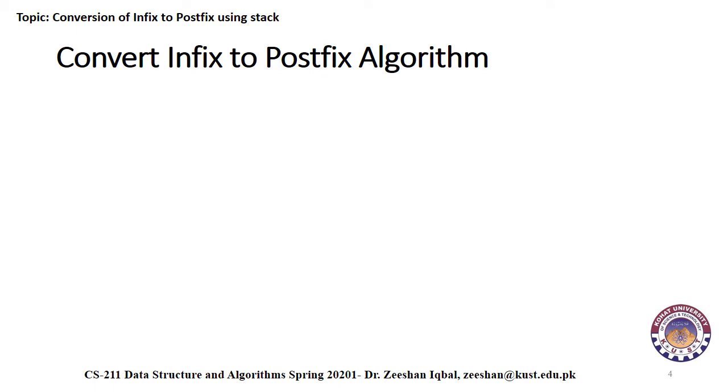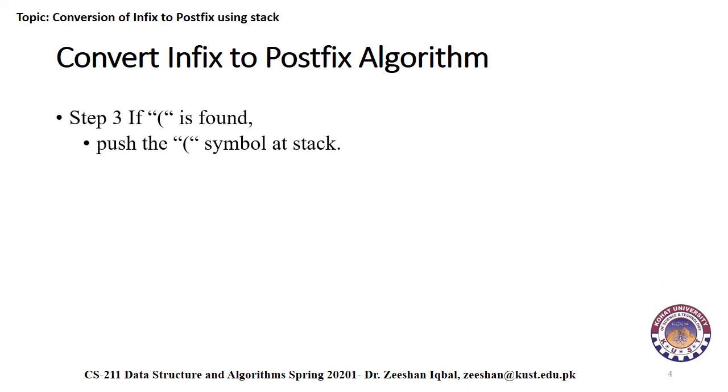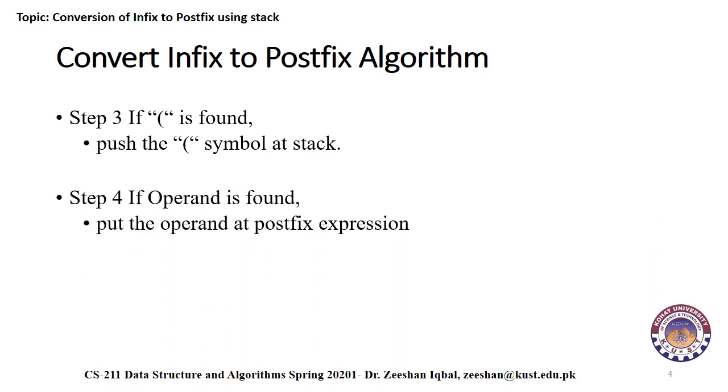Now in the scanning process, there will be 4 types of symbols involved. In step 3, if a left parenthesis is found, it will be pushed directly into the stack. In step number 4, if an operand is found, put it in the postfix expression directly.